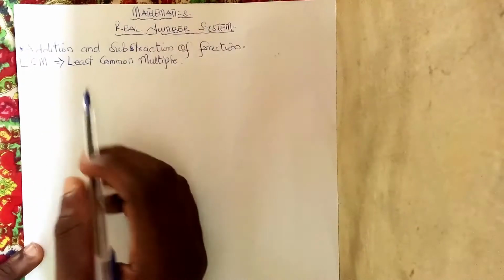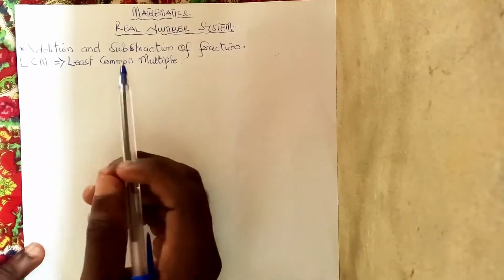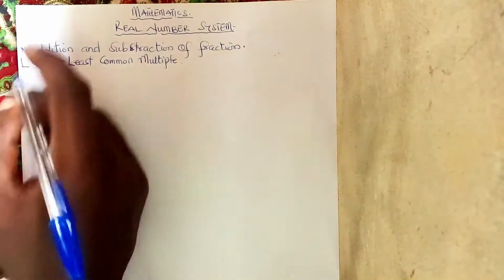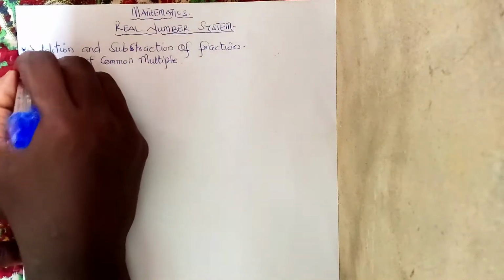This is the basics in solving addition and subtraction of fraction. So let's have an example to help you understand using the LCM to solve addition and subtraction of fraction.